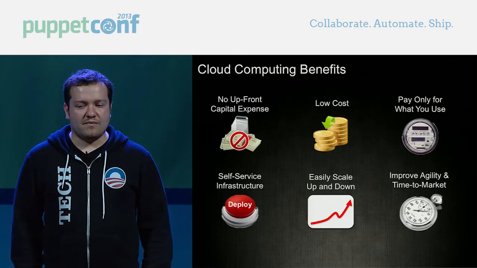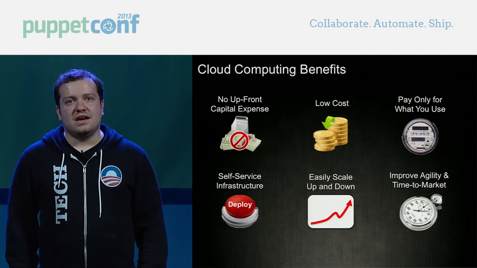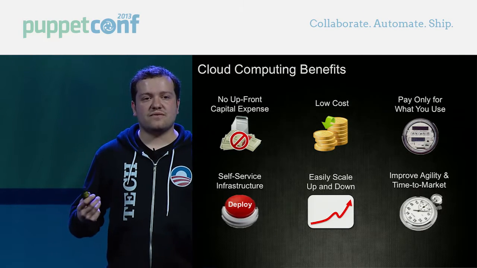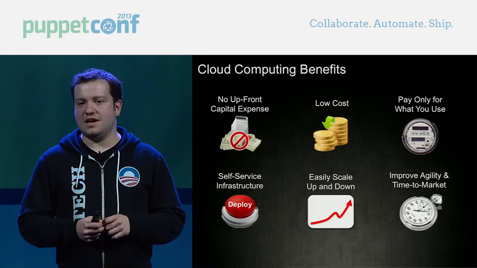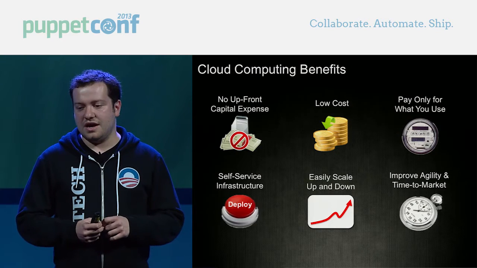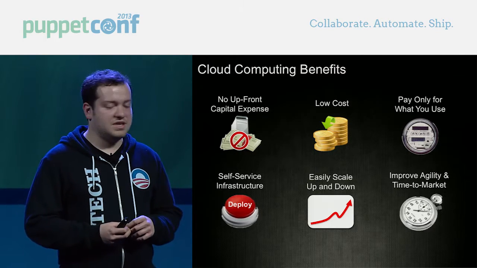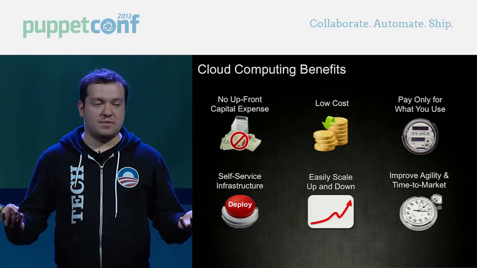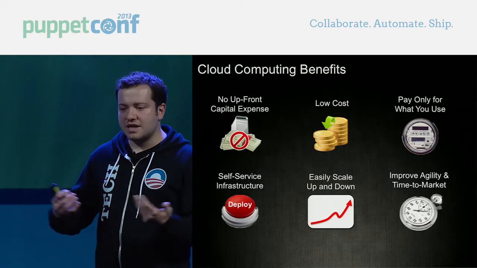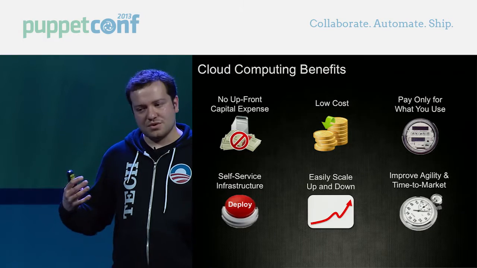So there's no upfront capital expenses, obviously, right? And that's big for a campaign because, like I said, in the first few months of a campaign, you're not raising that much money, so you don't have a lot of money to just buy servers. And with AWS, you could just get started right away. It's low cost. You pay for exactly what you use. So at the beginning of the campaign, the scale for most things isn't that big.